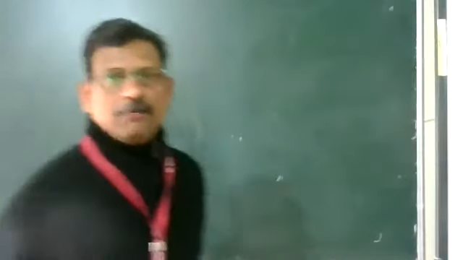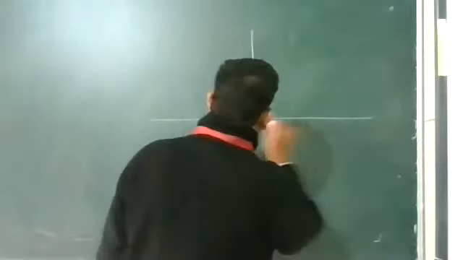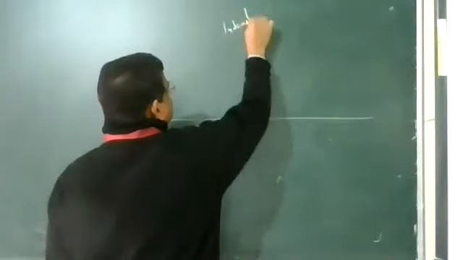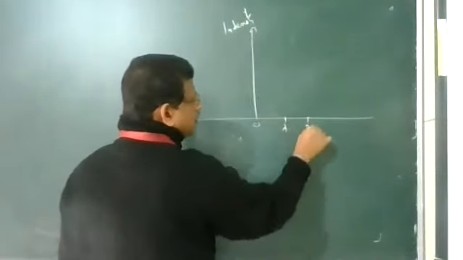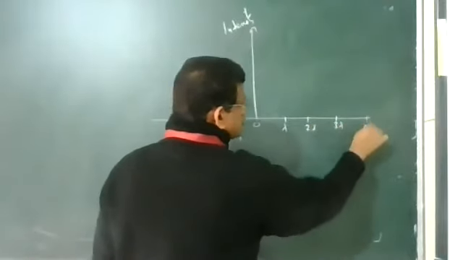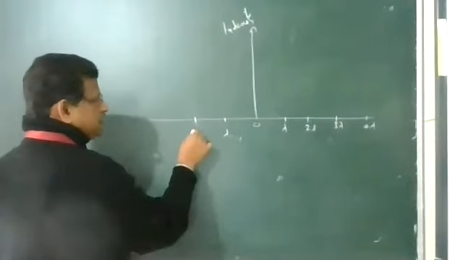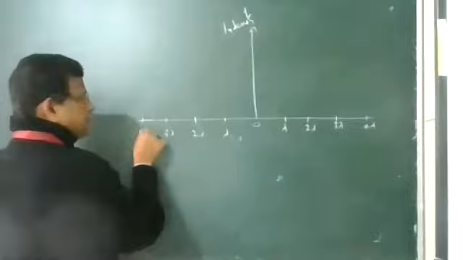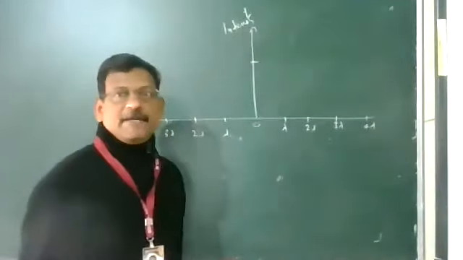These points are very important. We plot the intensities. Intensity is here, plotted against path difference 0, lambda, 2 lambda, 3 lambda, with maximum intensities on either side. The maximum intensities will be the same.